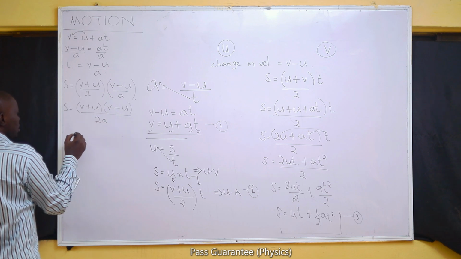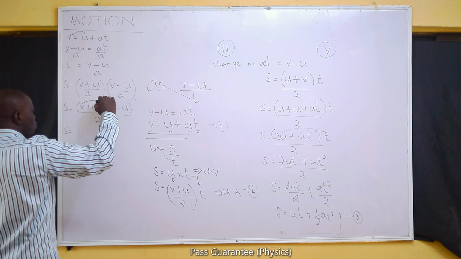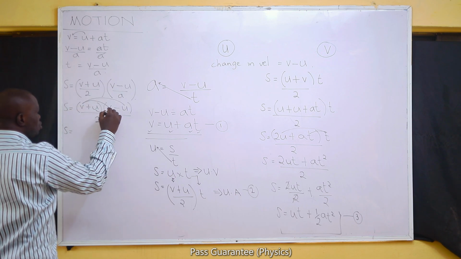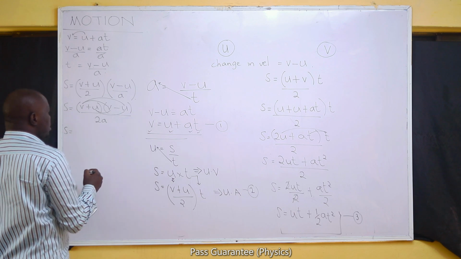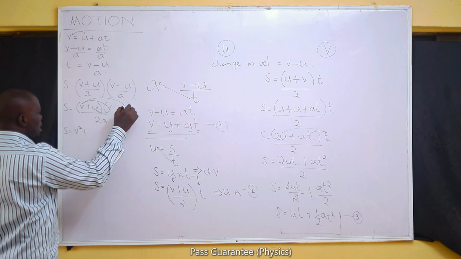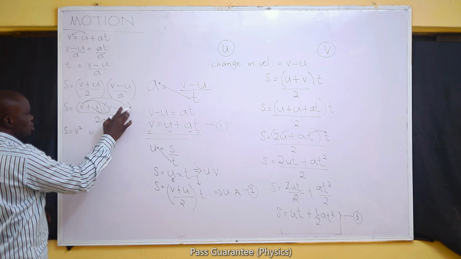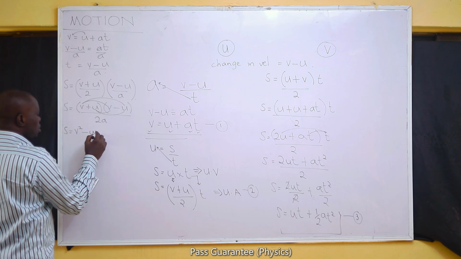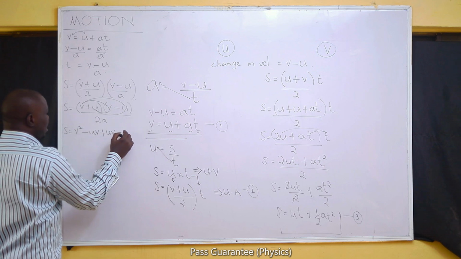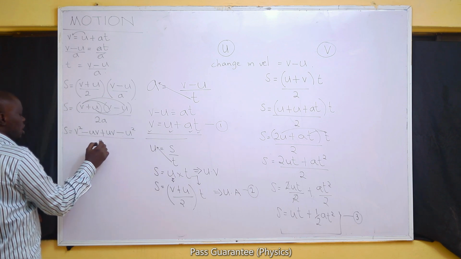If that is done, I can say that s is equal to, you can break this bracket by using v to multiply both items in the other bracket, and by using u to multiply both items in the other bracket. v times v is v squared, plus v times u is uv, v times minus u is minus uv, plus v times u is uv, minus u times u is u squared, all over 2a.